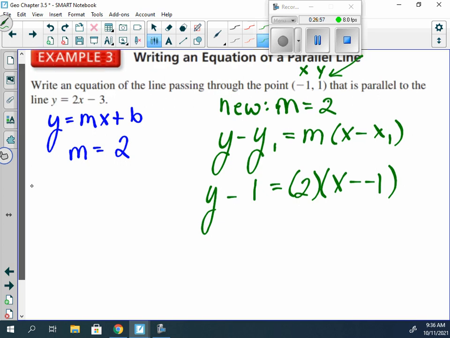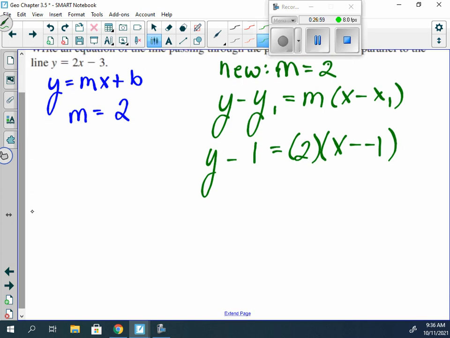Now we just need to get y by itself. Any questions on this here before we move on to the next part? So here we have y minus 1 equals, well, here the negative and negative would make a positive, yes? And exactly, we would multiply by 2. 2 times x would be 2x, and 2 times positive 1 would be plus 2.